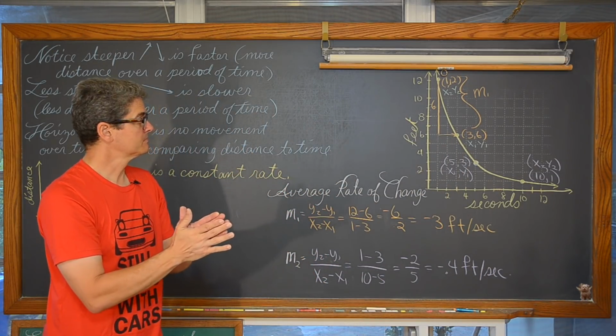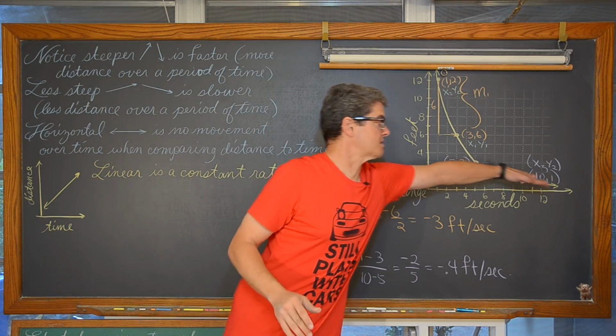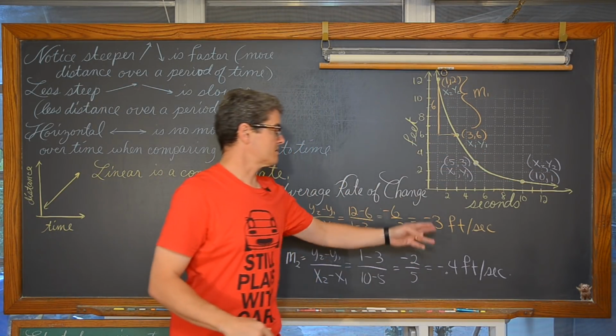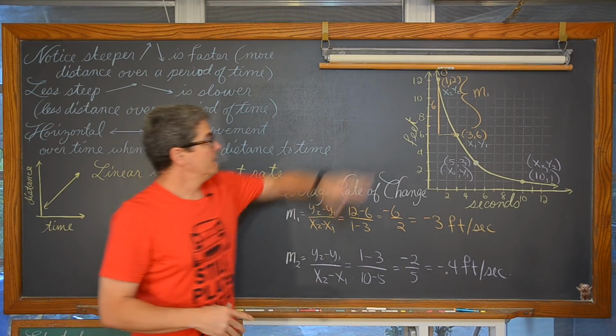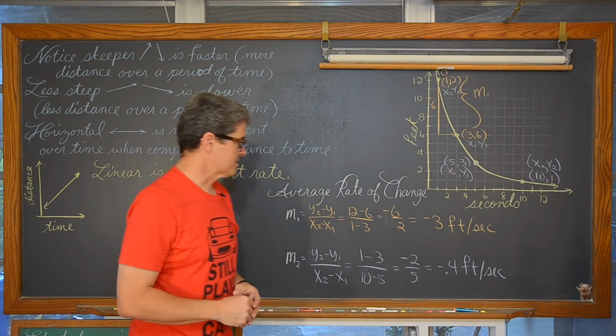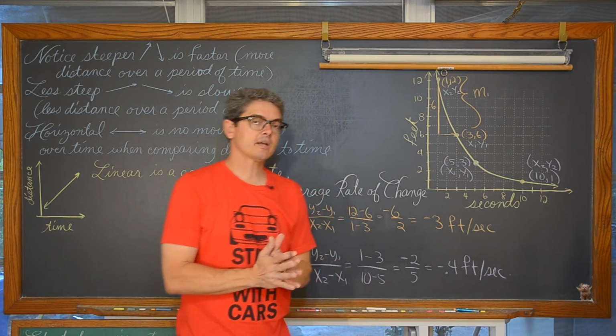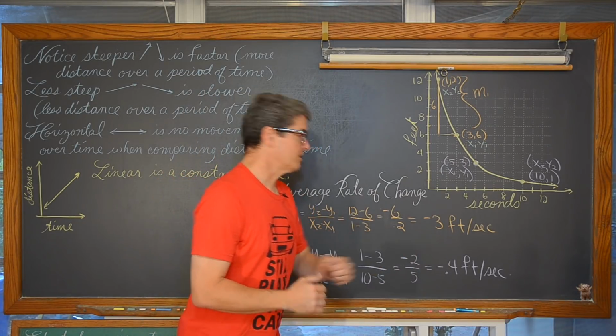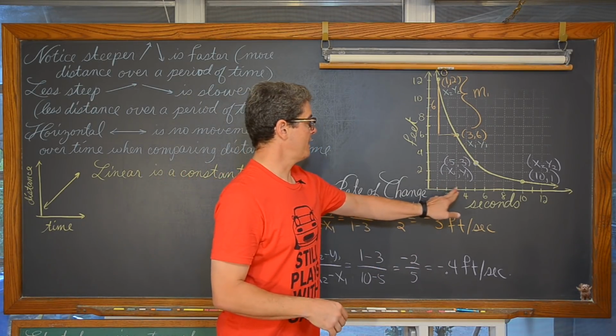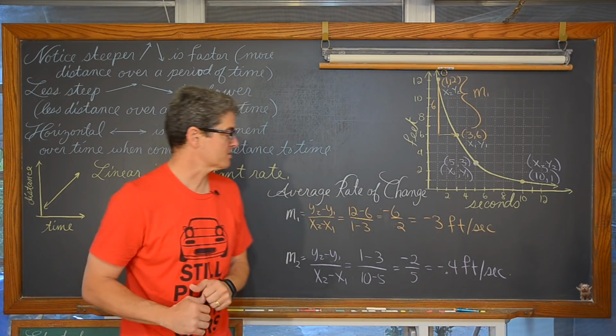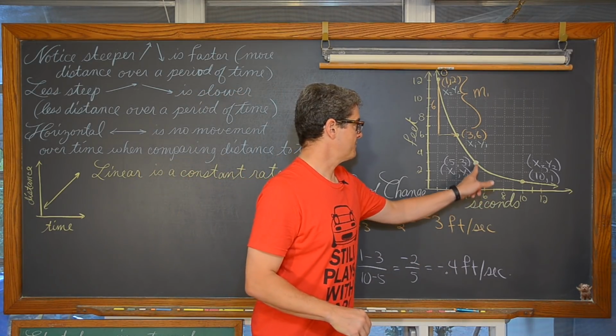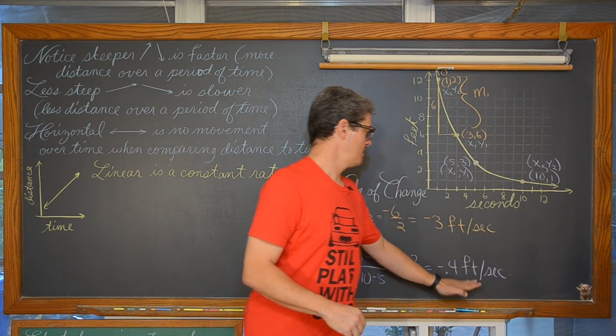But the average rate of change for this entire graph is not negative 3 feet per second, and it is not negative 0.4 feet per second. These are only appropriate for the time periods between 1 and 3 seconds for our first answer, and between seconds 5 and 10 for our second one.